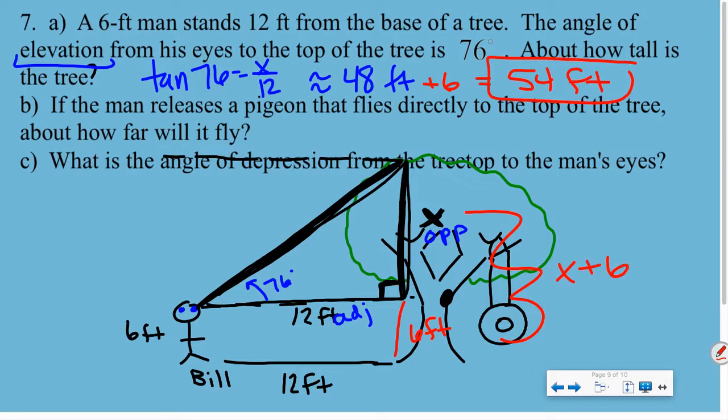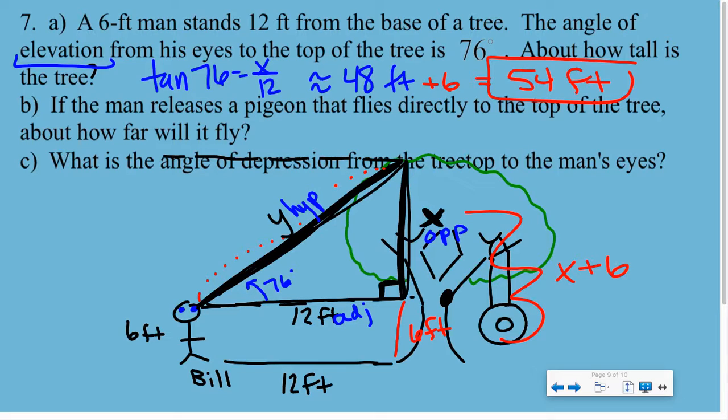Our pigeon is flying along this line of sight. That's what I'm trying to find. So we're just finding a different side of the triangle. In reference to 76, y is what? Hypotenuse, good.